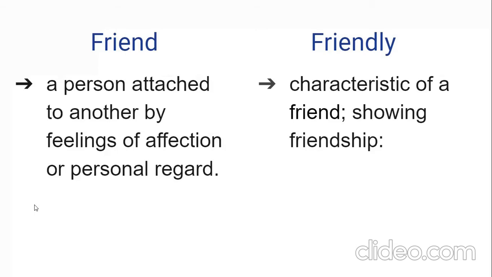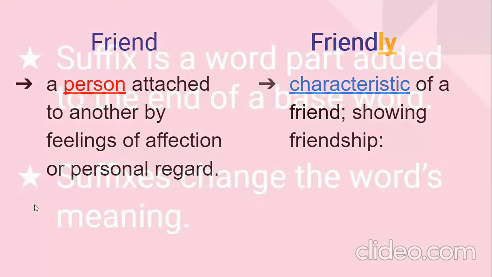But it is not a person again, it's the characteristics of a person. So again, friend refers to a person, while friendly refers to the characteristics of a person.